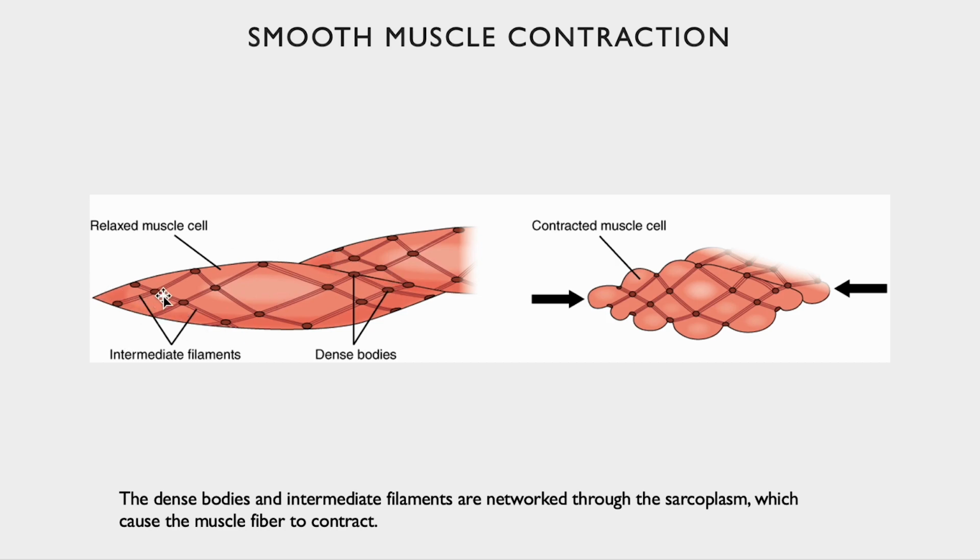These dense bodies are very similar to the Z lines of the sarcomere, the proteins, but they don't form sarcomeres. So when the smooth muscle cell contracts, it becomes almost like a squared structure, like a postage stamp. So it's a different type of contraction if we compare this to the skeletal muscle.